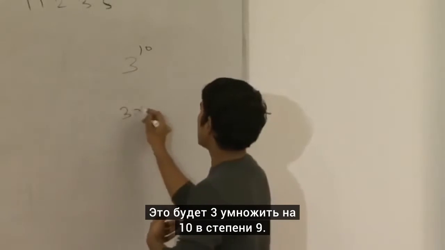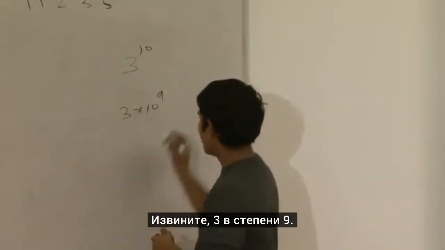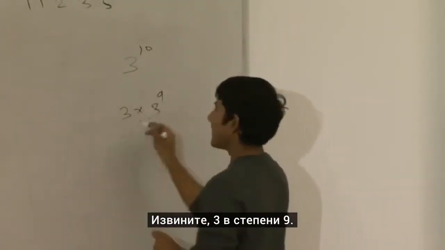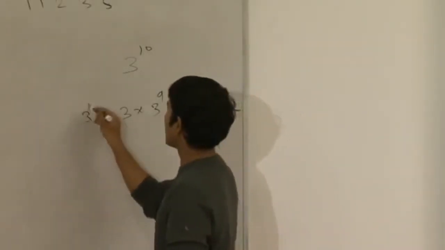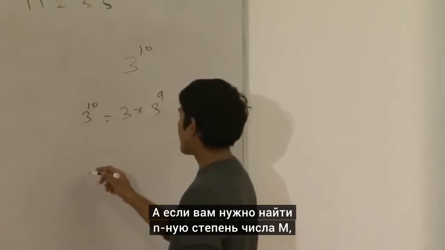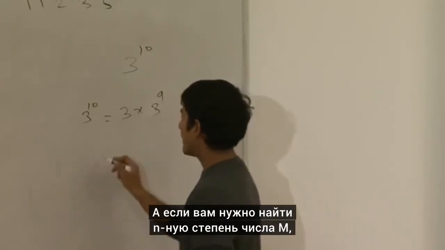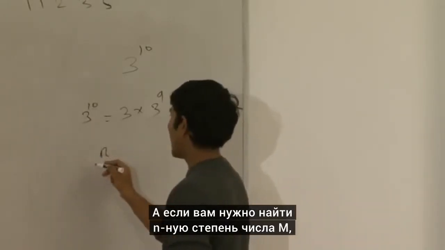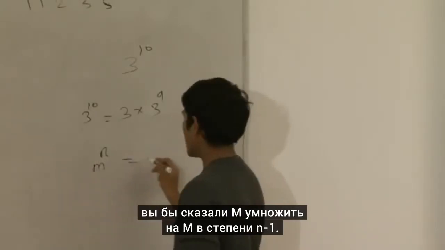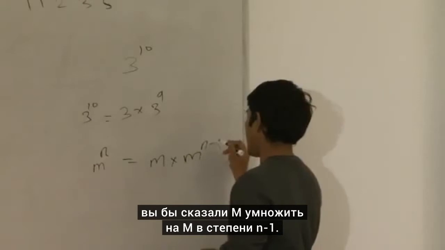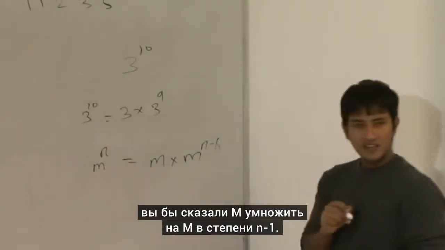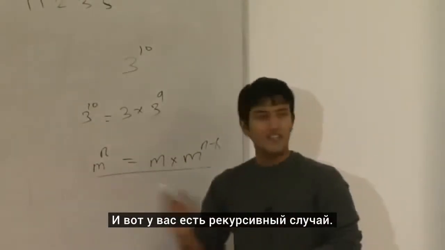So it'll be 3 into 3 to the power 9. Okay? So if you want to find the nth power of number m, you would say m into m to the power n minus 1. So now you have your recursive case.